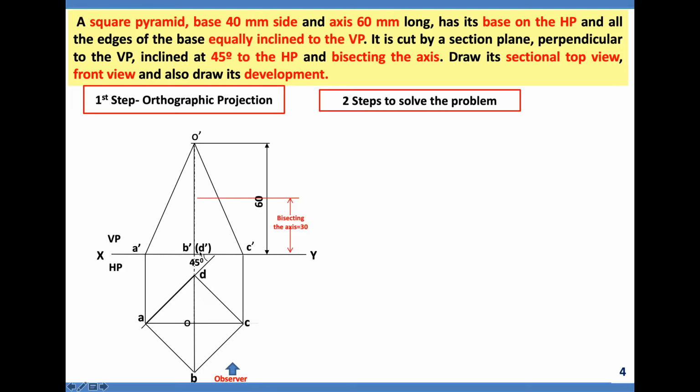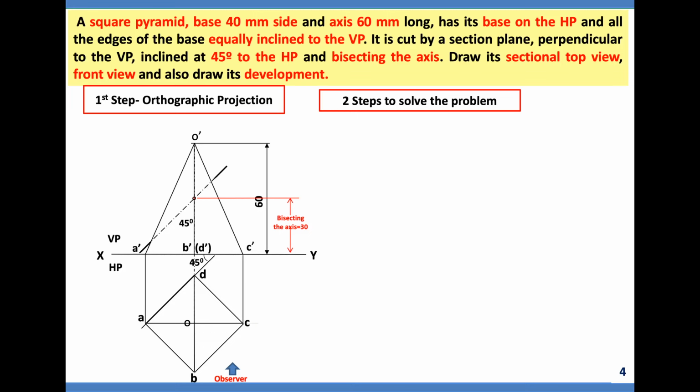So from the base, total height is 60, half of it is 30 and it has to touch the axis as indicated in the problem. Mark a point, with the help of protractor introduce a 45-degree line. When you draw the cutting plane, it has to cover the entire pyramid, you can see here.